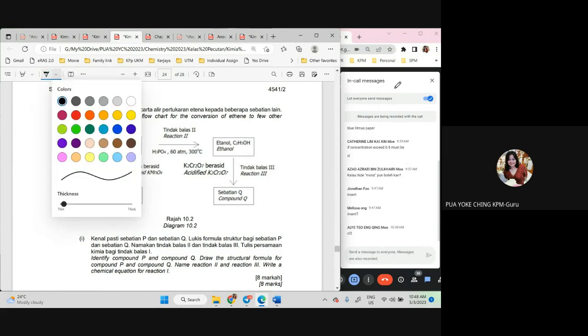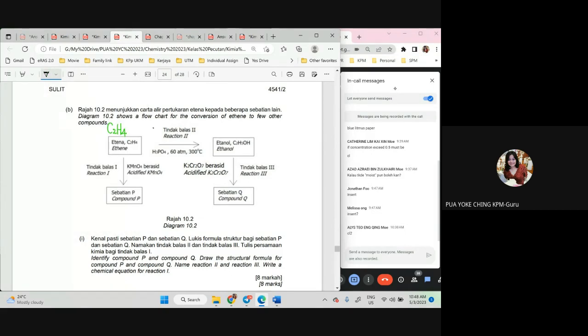Ini ialah C2H4 dan dia memang dah bagi. So acidified KMnO4, so ini ialah oxidizing agent. So dia akan oxidation. Bila dia oxidation, dia akan tambah O.